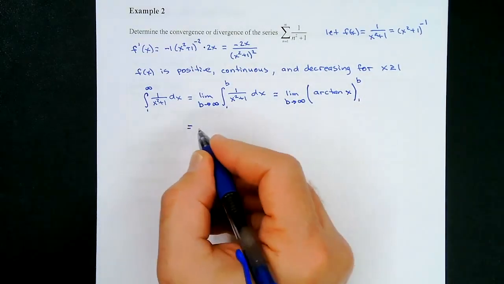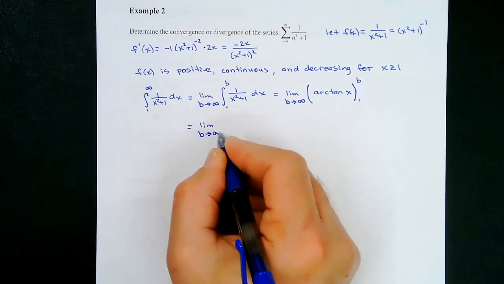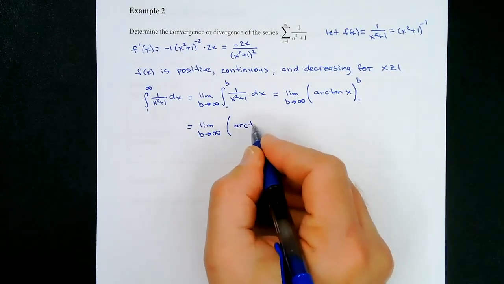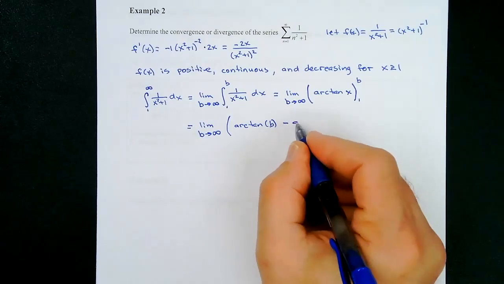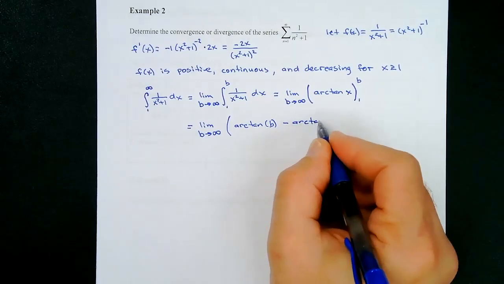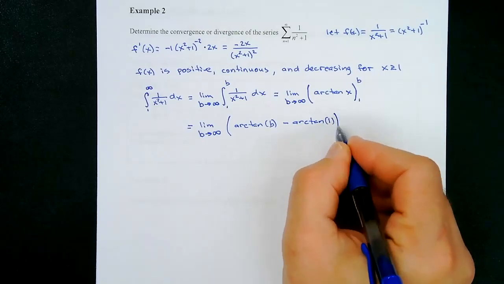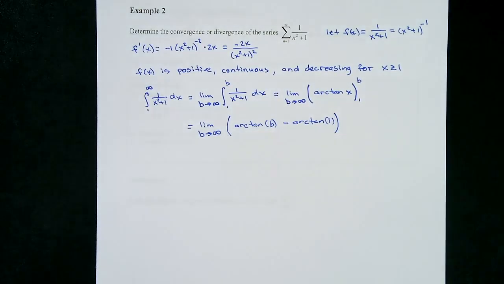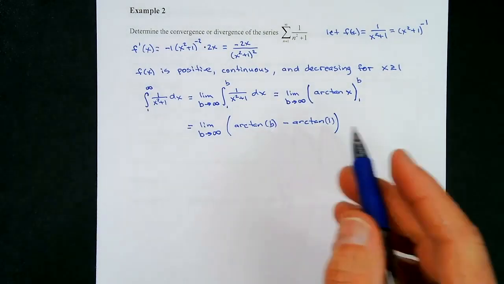So this would equal the limit as b approaches infinity of arctan of b minus arctan of 1. Okay, so this is where it helps if you know the graph of arctan, and this approaching infinity.